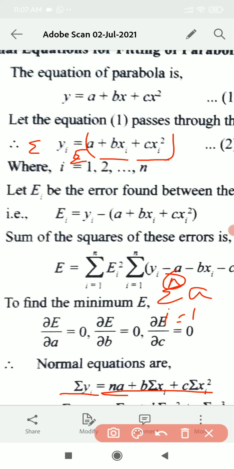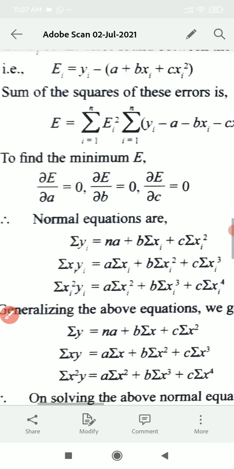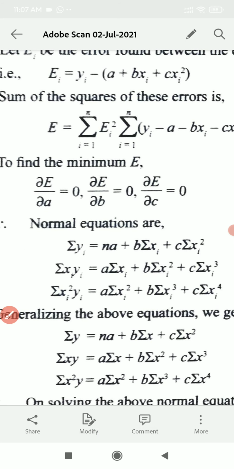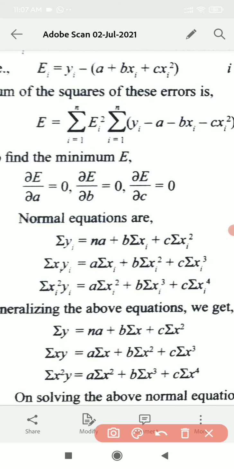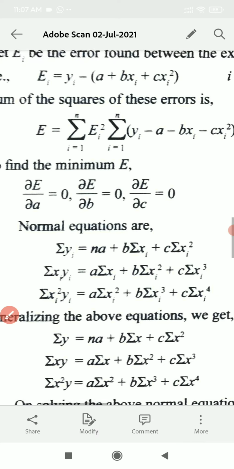Then in the next line, students, you multiply by xi.